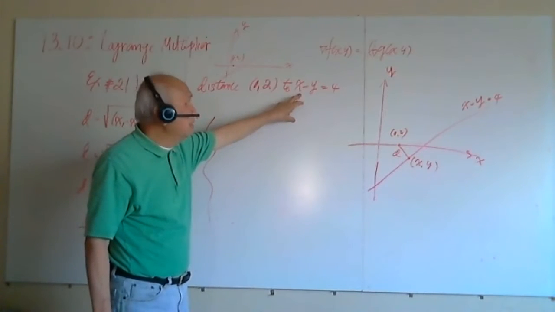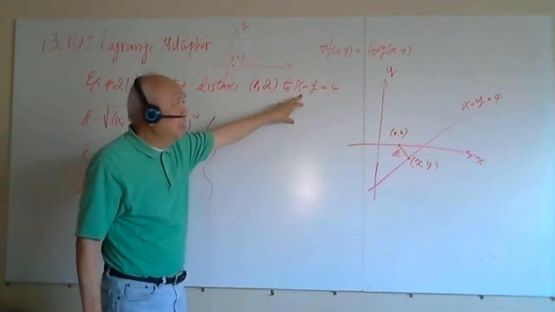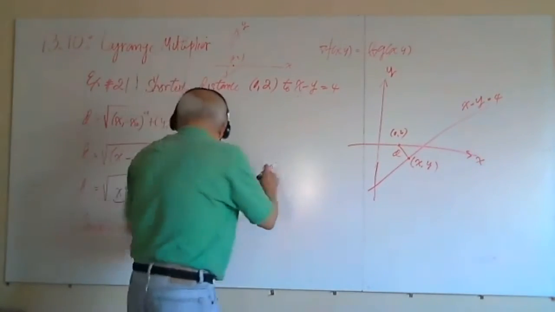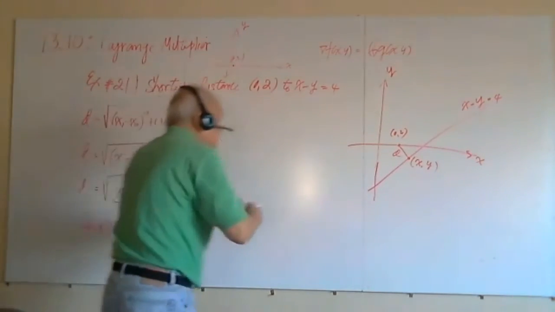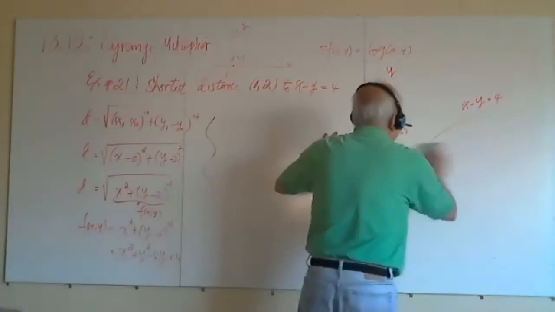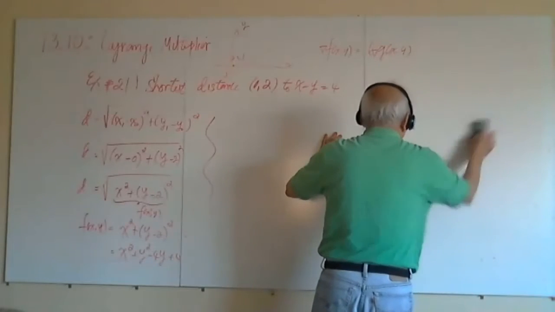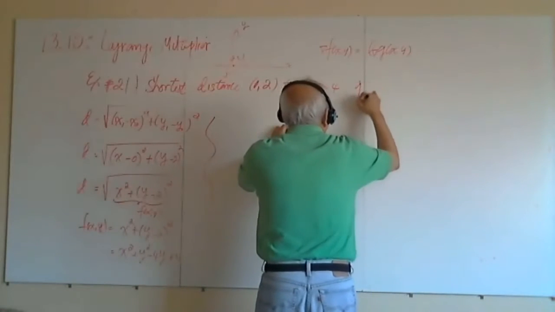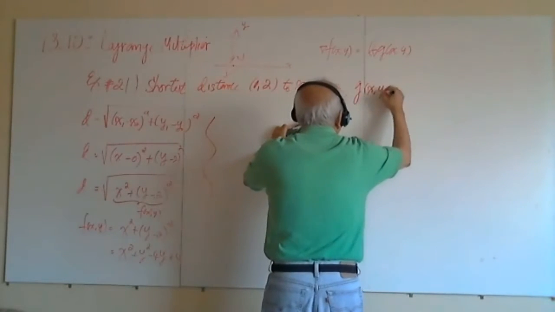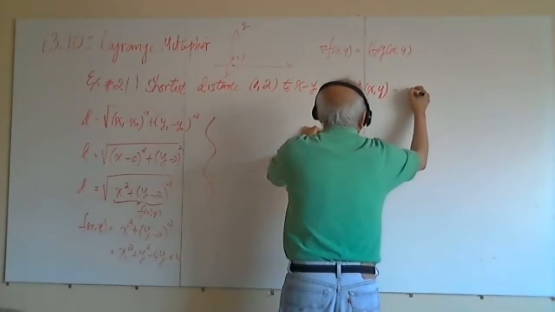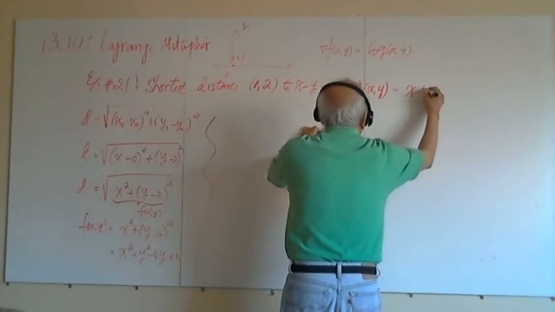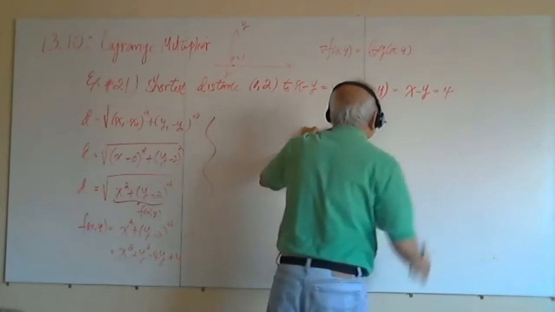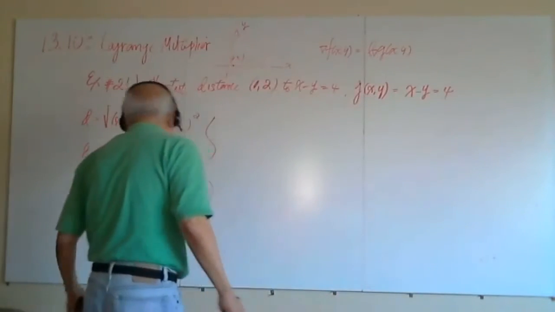From a different perspective, this one is nothing but the constraint. So it's going to be g of x, y, the constraint, equal to x minus y equals 4. That's it. Let's do it one step at a time.